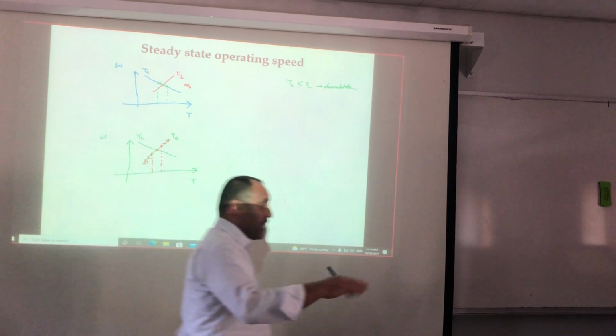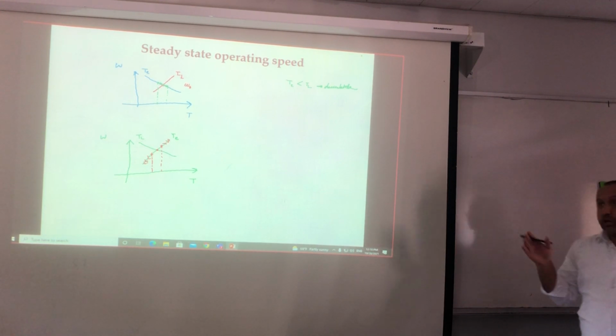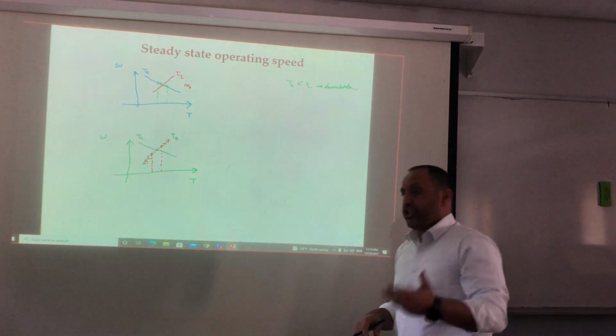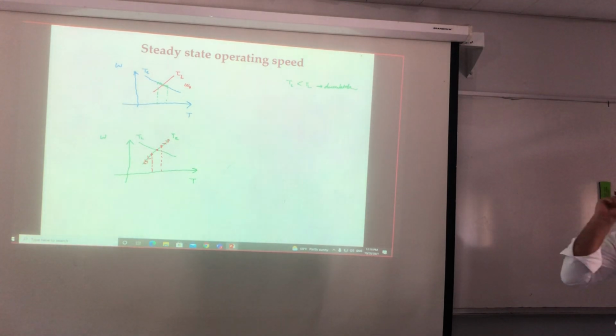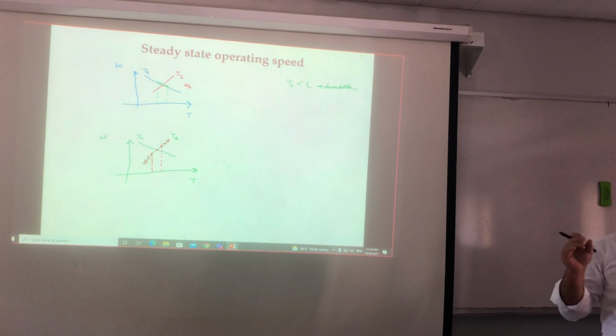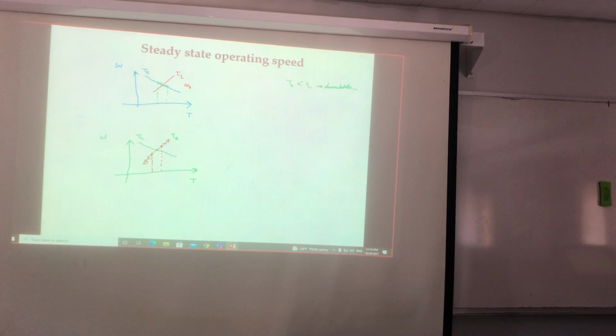So if I give you a torque-speed characteristic, the interaction between the load and the machine at a certain point, and I ask you whether that point is stable or unstable, you can judge. That's good. But we are engineers, so we like the mathematics.